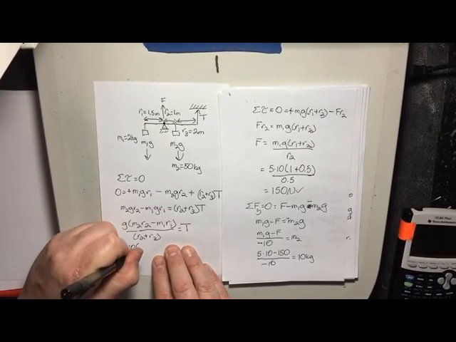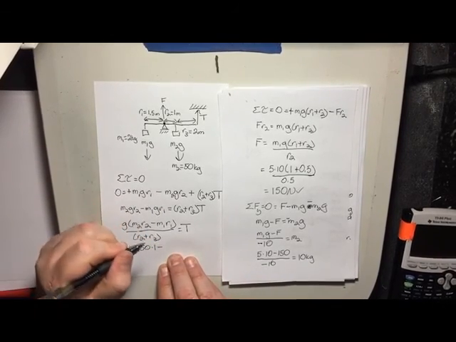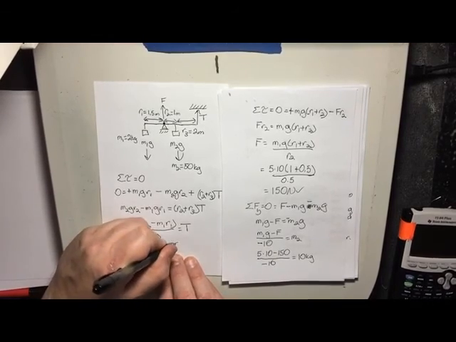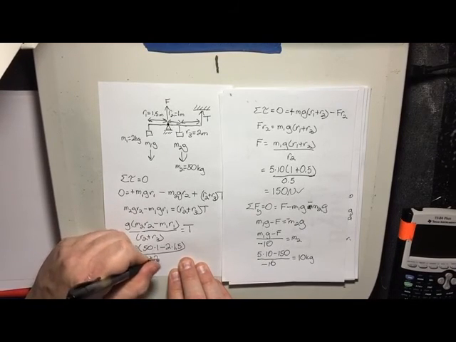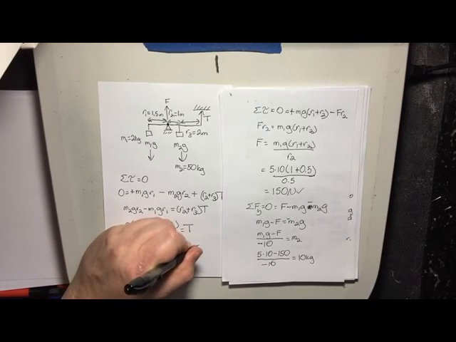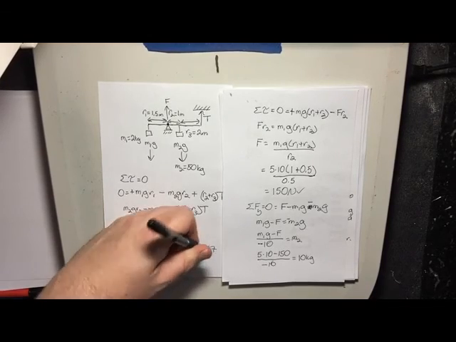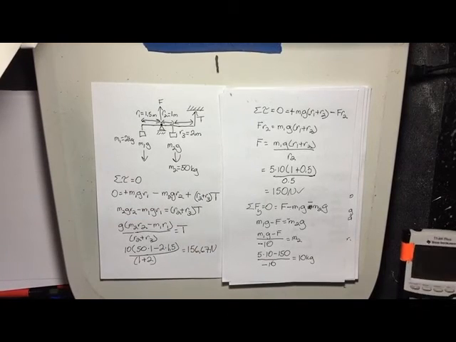So 10, 50, 1, 2, 1.5, 1 plus 2. So 50 minus 3, 47 times 10, 470. 470 divided by 3, 156.67 newtons.